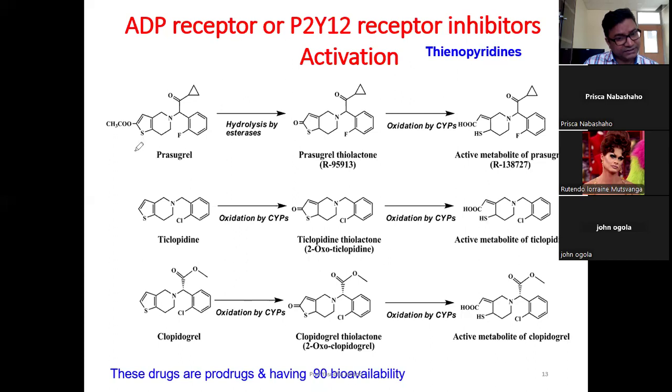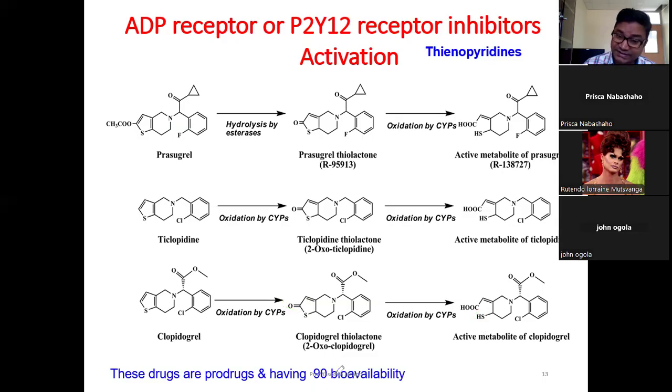The same way clopidogrel, oxidation. You see, only prasugrel has an ester group; the remaining don't have any ester group. Oxidation causes the keto group to form thiolactone, then further oxidation, and now this will show activity.